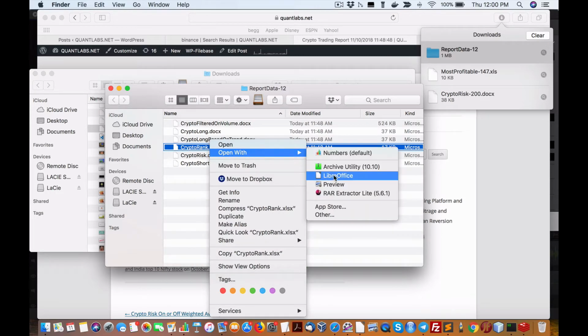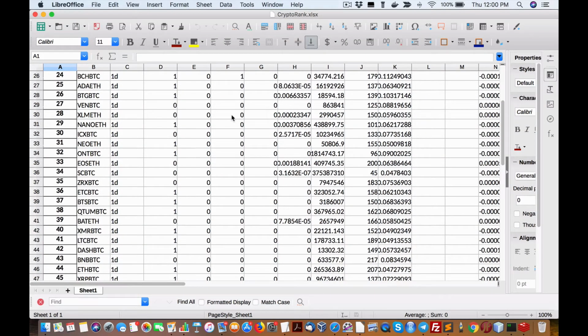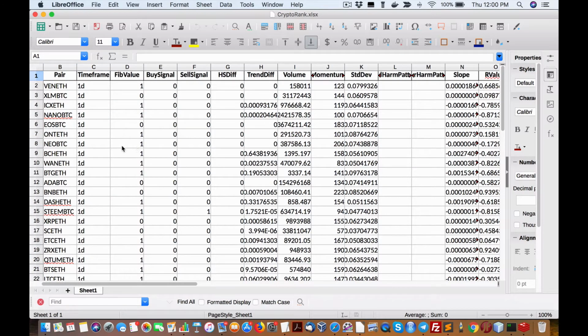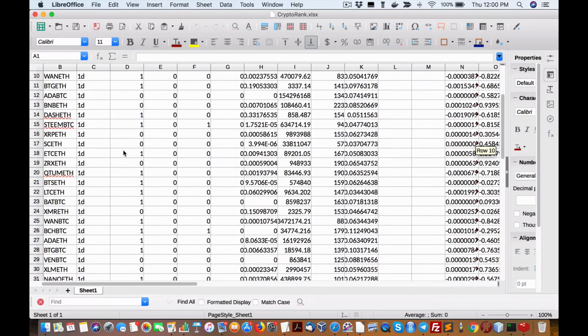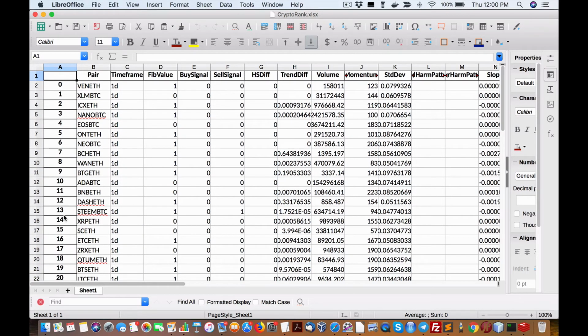This is pretty huge. It used to be over 300 cryptocurrency pairs, but I've whittled it down to, how many we got? 48, 46. These are the largest 46 pairs found on Binance.